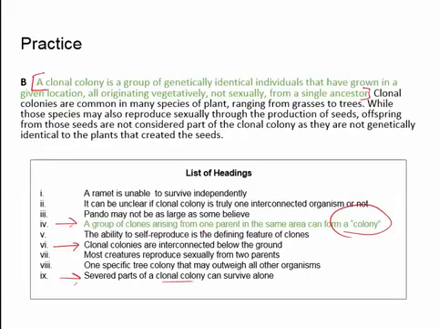There is this idea of parent, and that connects to this not a synonym, but kind of a paraphrase way of saying ancestor, okay? And we have this information about how a group of clones is in the same area. They've come from the same parent. Okay, all of that information is found up here in the topic sentence, making 4 the best answer for B.